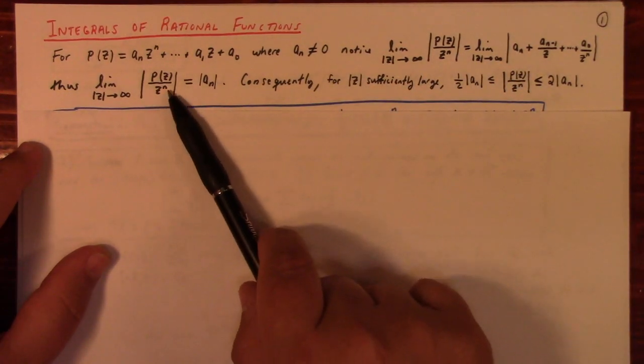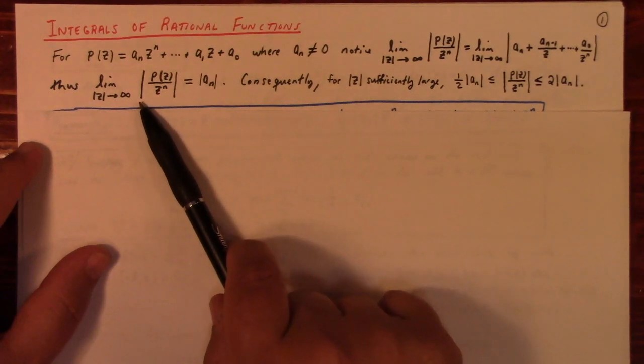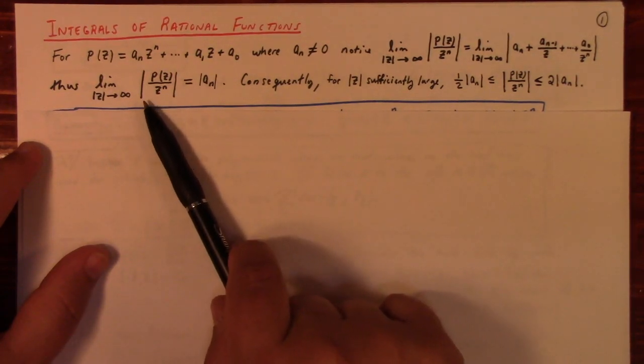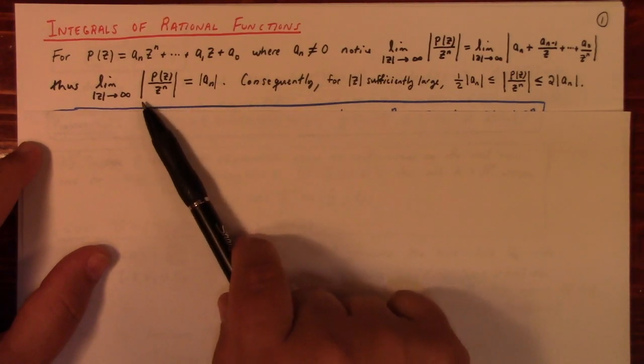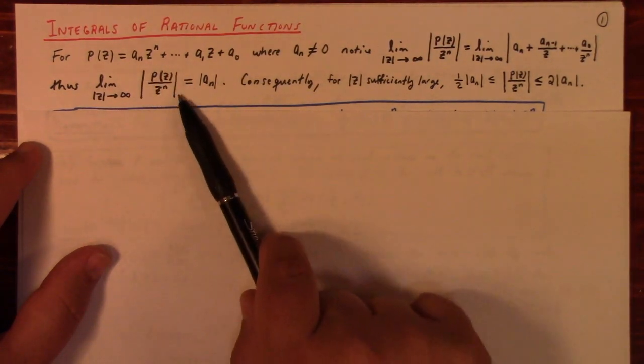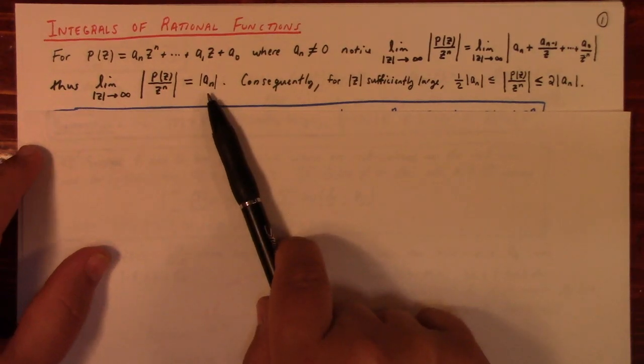So the limit of the modulus of p(z) over z^n is the modulus of the leading coefficient. And so that means that this sequence of real numbers is converging to that real number.